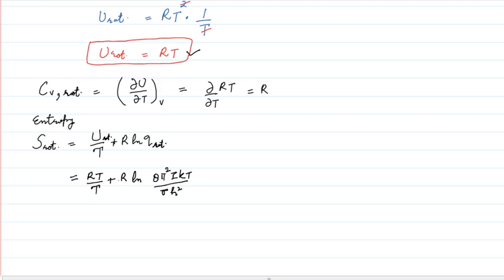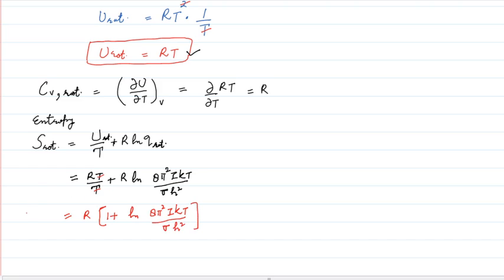Here this temperature and T will cancel, so we can also take out R common from these two terms, so it will remain 1 plus ln of 8π²IkT upon σh².